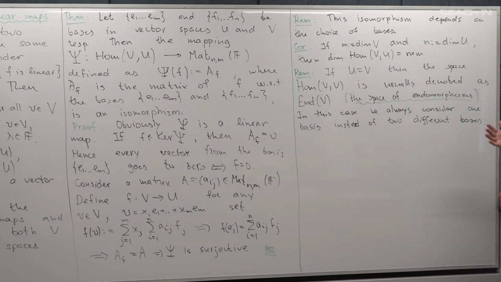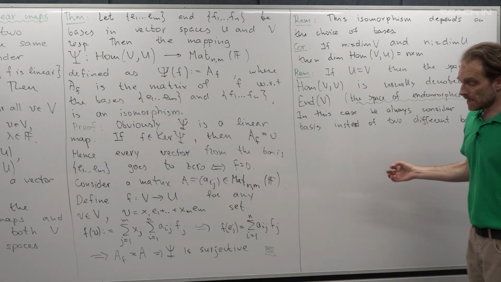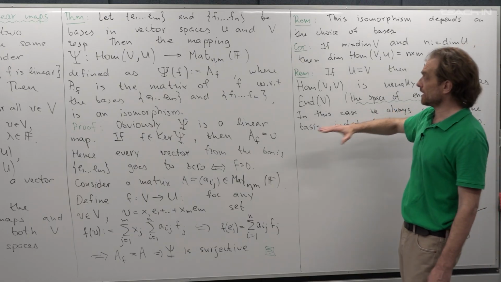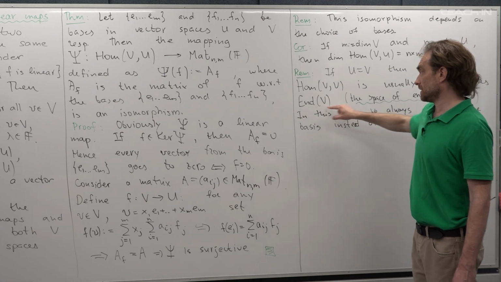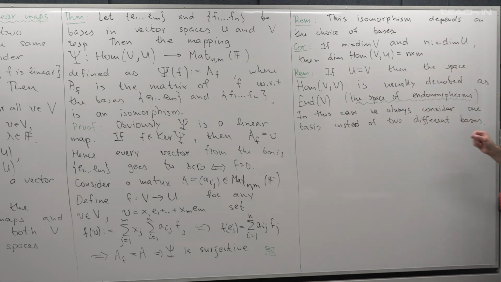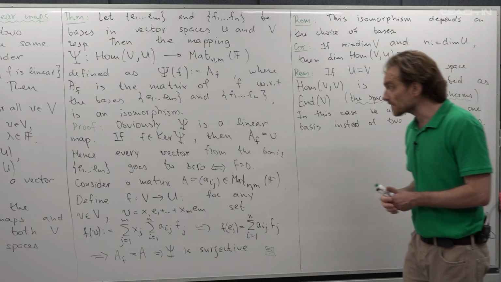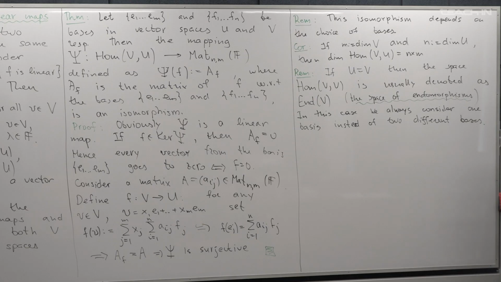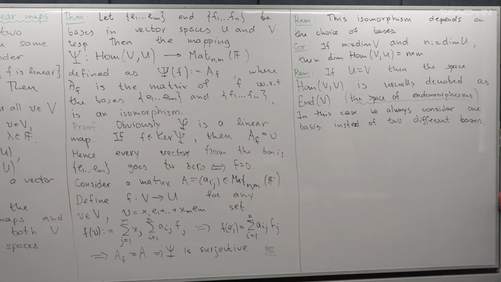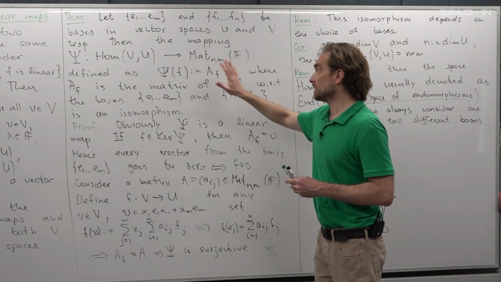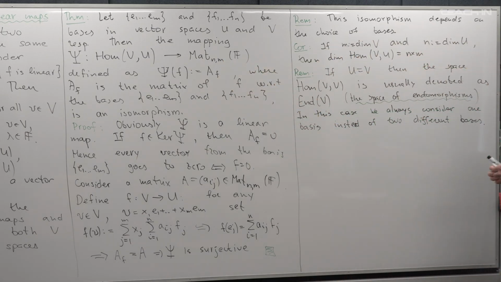So when we talk about fixing some basis for a linear operator, so this is the space of linear operators, then we always assume that the second basis is the same as the first one. So these are just the definitions, and now let us discuss some properties of this correspondence between linear mappings and matrices.